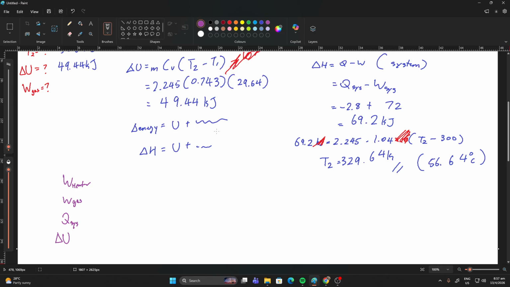So we know that the work done from the gas equals the total work done from the heater minus the losses, minus the internal energy change.